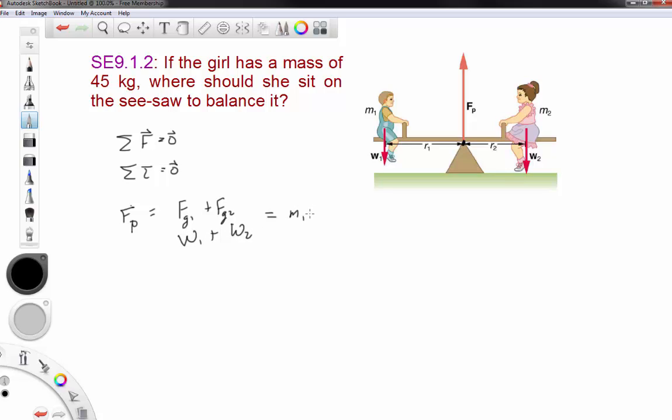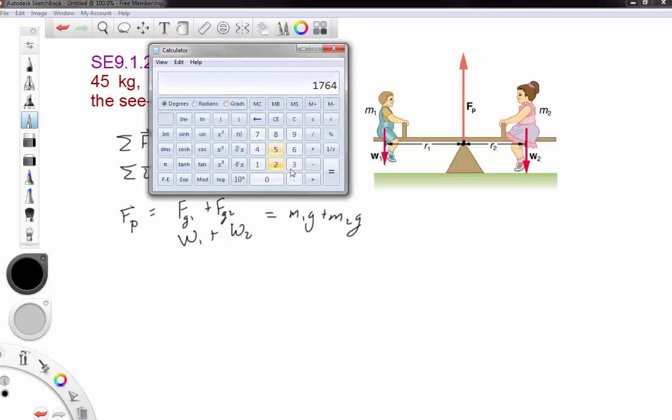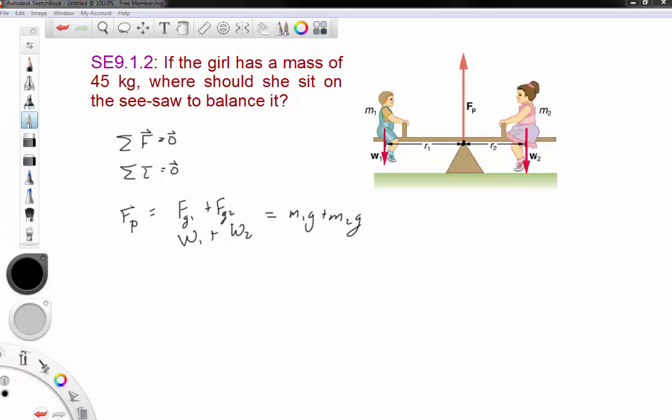Either way, that's M1g plus M2g, which in the calculator is 30 plus 45 times 9.8, where the 30 plus 45 is just because I've undistributed the g. So this would be 735 newtons upward.